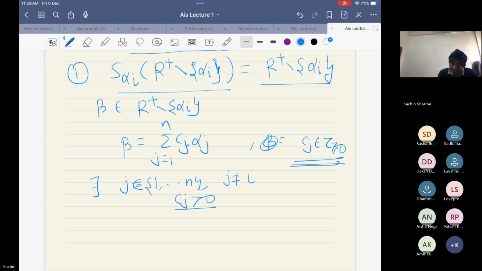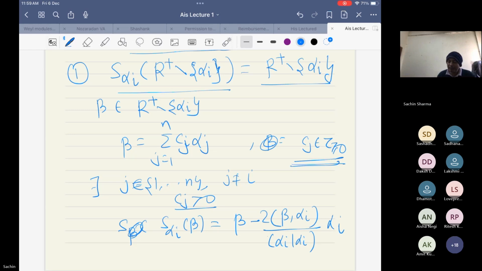Right? And so suppose you do S alpha i of beta, what will it be? So beta minus twice of beta of alpha i, times alpha i.